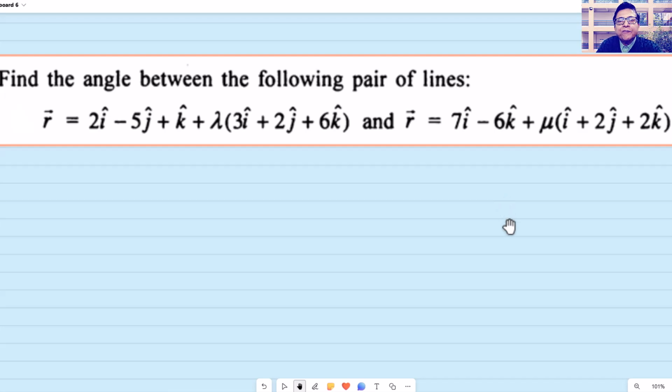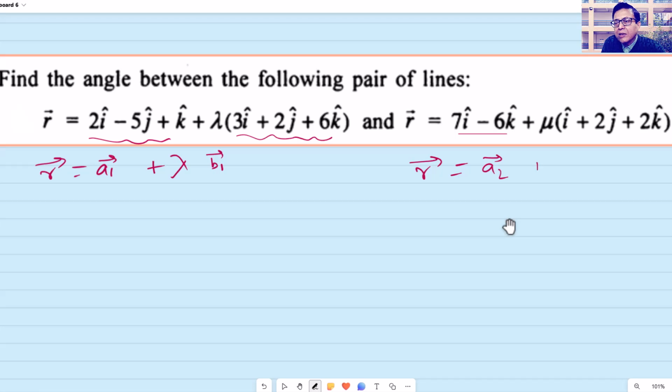Angle between the following pair of lines. I hope you can compare with the two forms already I have discussed. And here it is r equal to, this is a1, a1 is this part, it has no role to find the angle, and this is b1, r equal to a2, which part is a2?